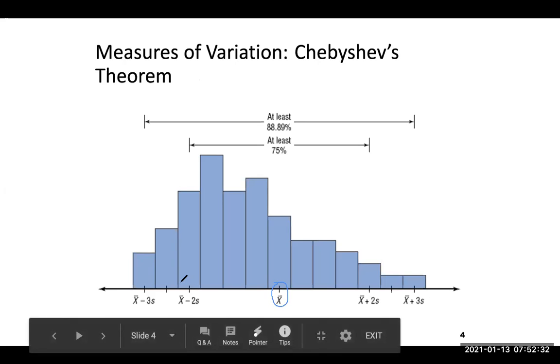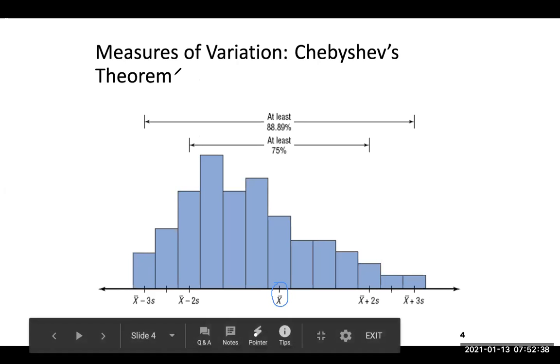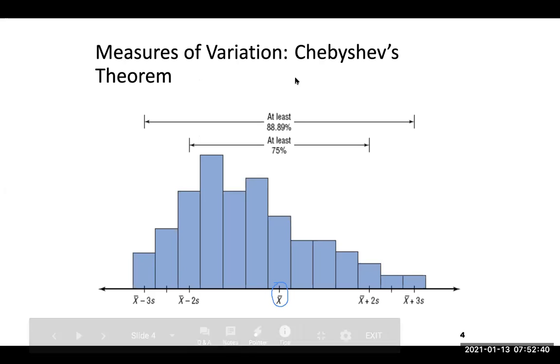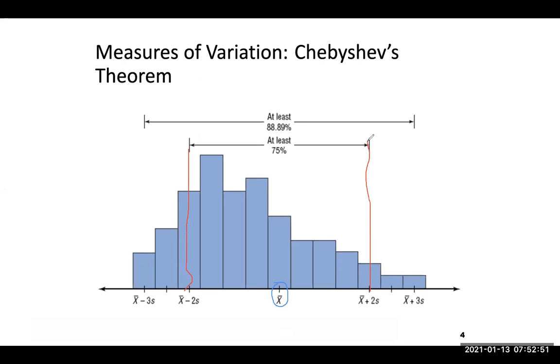If I go 2 standard deviations away, at least 75% of the data has to be within 2 standard deviations of the mean. That's Chebyshev's theorem.